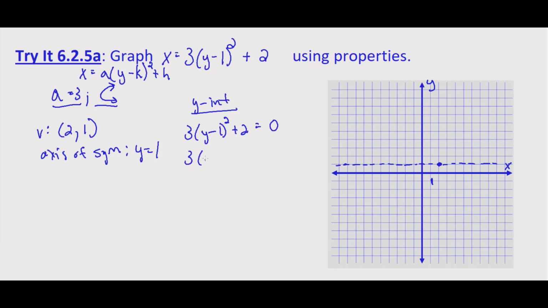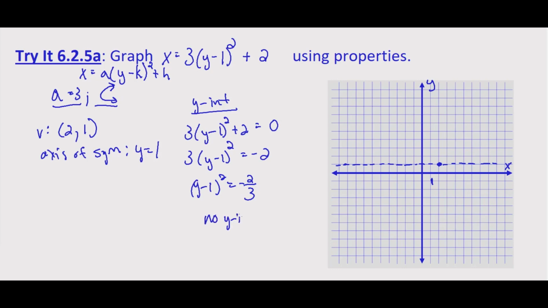Subtract 2 from both sides: 3 times (y minus 1) squared equals negative 2, and then (y minus 1) squared equals negative 2/3. Well, wait a minute. That can never happen. We will never have any real number squared that will equal a negative number. So there is no y-intercept.